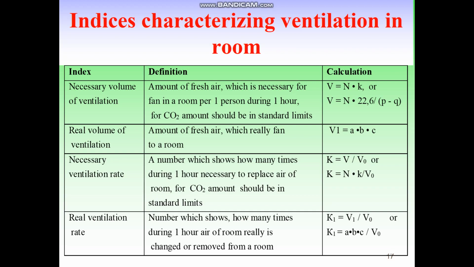Necessary ventilation rate is a number which shows how many times during 1 hour the air of a room needs to be replaced, so that carbon dioxide amount stays within the standard limit. And real ventilation rate is a number which shows how many times during 1 hour the air of a room is really changed or removed from a room.